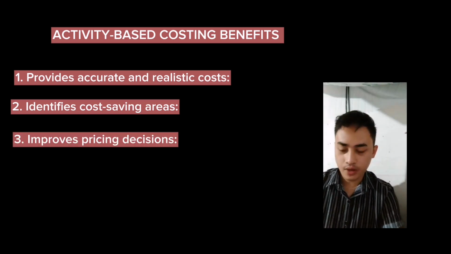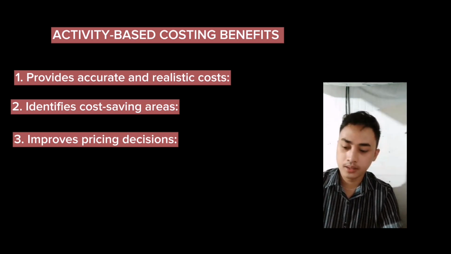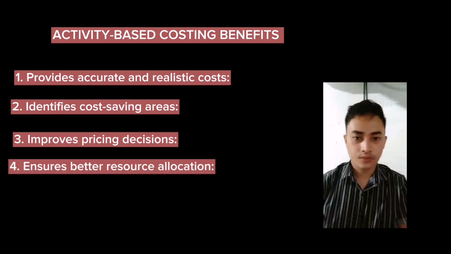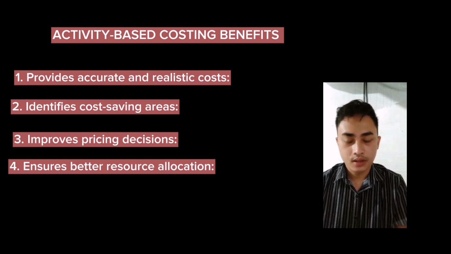It also improves pricing decisions. Armed with a more accurate picture of all costs involved in creating a product, firms can optimize pricing methods, vastly improving profit margins over the long term. It ensures better resource allocation.